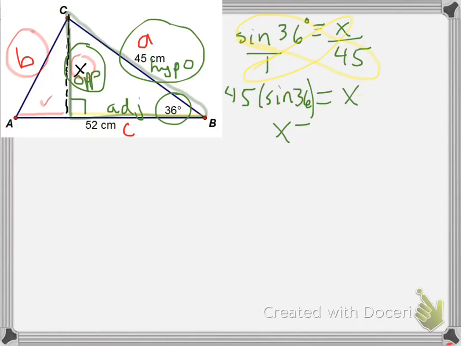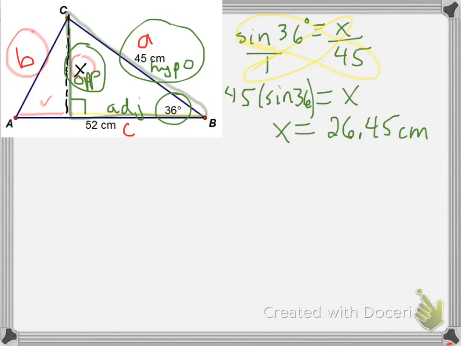If I type that in my calculator, I get x is 26.45 centimeters. That's an approximate answer, so if you're using your calculator, try to keep that answer in its memory so you can use it later on.